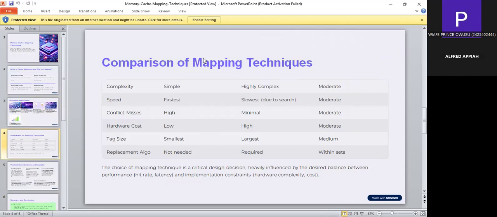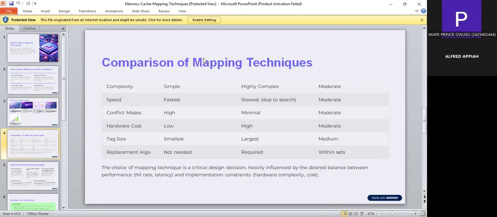Comparison of mapping techniques. This is a table that shows the comparison of mapping techniques. As it says, for complexity, we have simple, we have high complexity, we have moderate. Under speed, it's very fast, and it is slowest due to the search part of it.